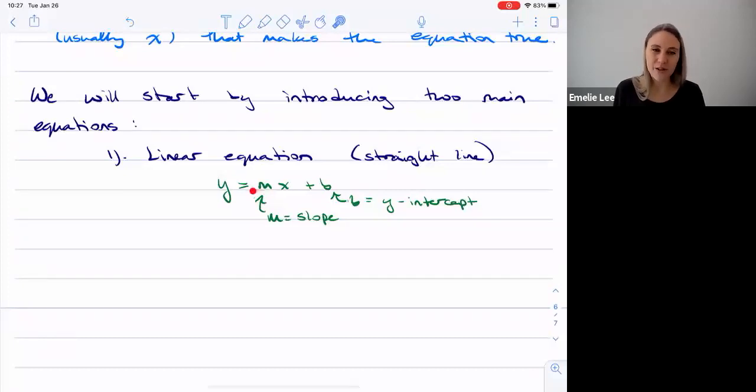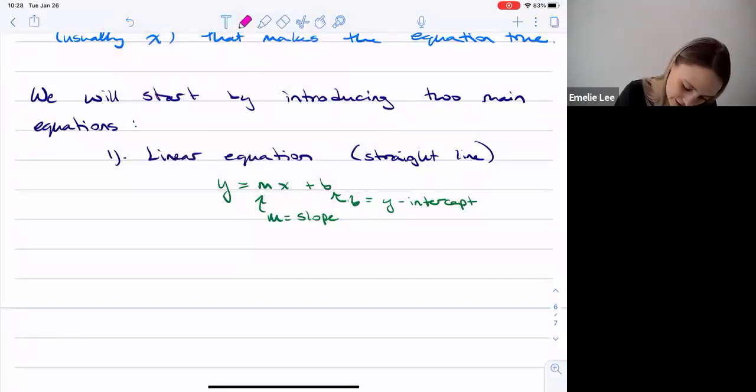Usually we plug in a value of x to figure out what the value of y is, and they are ordered pairs on this straight line. We'll talk more about lines later in chapter 1, so I don't want to spend too much time here, but being able to recognize this form of the equation is really important. Essentially, the highest power of x is 1.